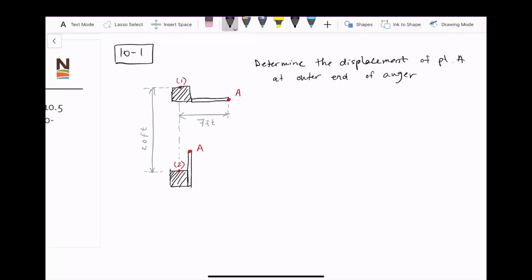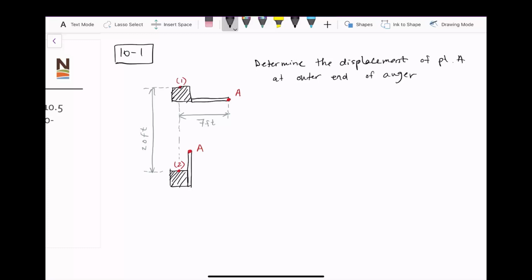Okay, so here is a figure where we're showing two different positions. The one where the auger is fully extended, that is position 1. And then we have position 2, so the whole tractor has moved 20 feet and the auger now has retracted back inwards. So point A has moved along with, obviously, the whole tractor from point 1 to point 2.